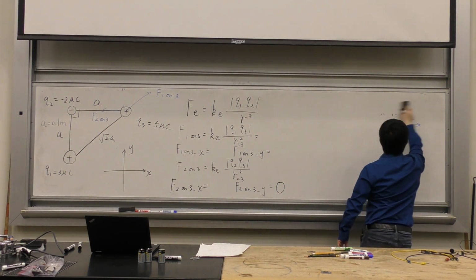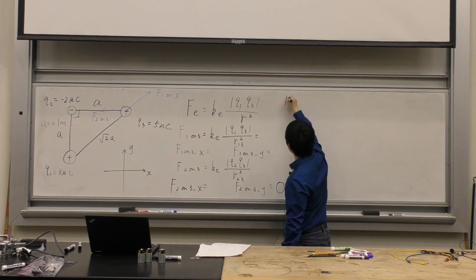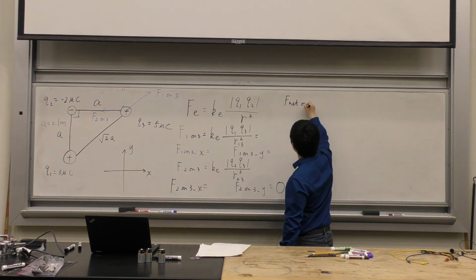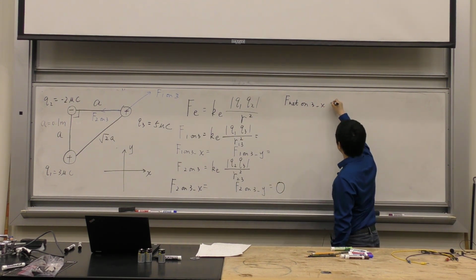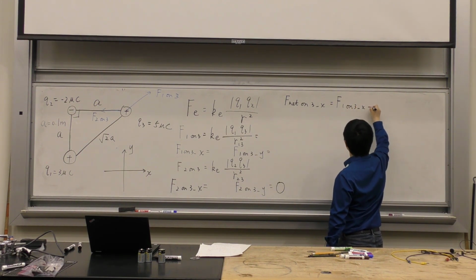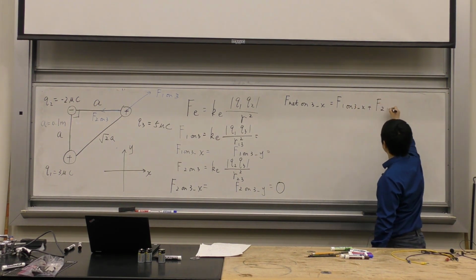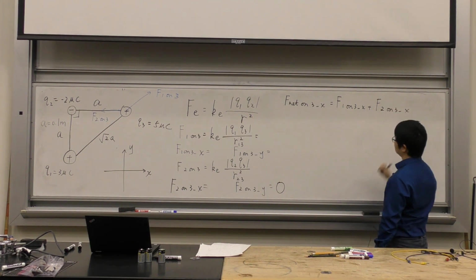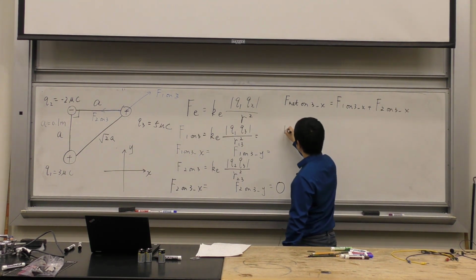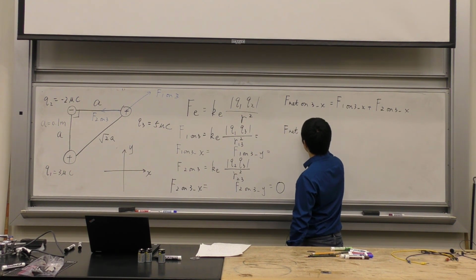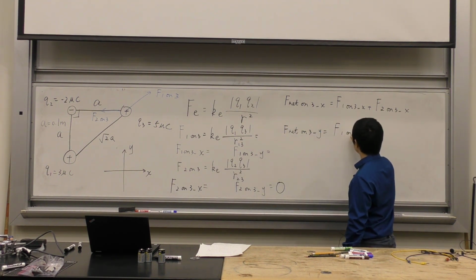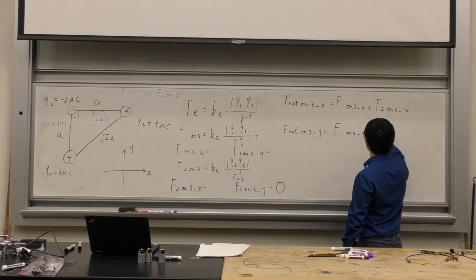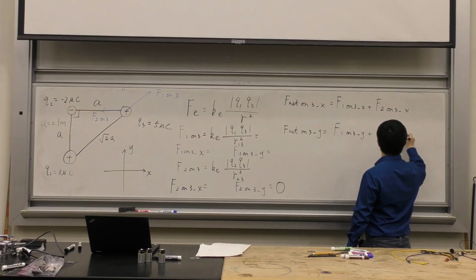So what are you going to do with this, right? You're going to add, so the net force is going to have also an x component and y component, right? So the x component is going to be 1 on 3x plus 2 on 3x, right? And then the net force on 3 y component is going to be 1 on 3y plus 2 on 3y, right?